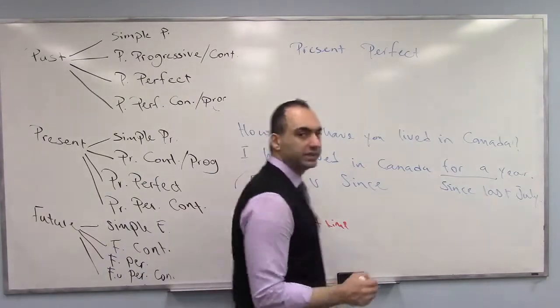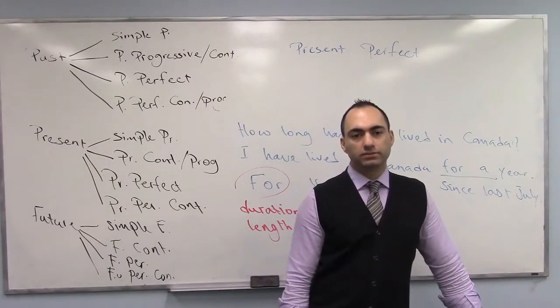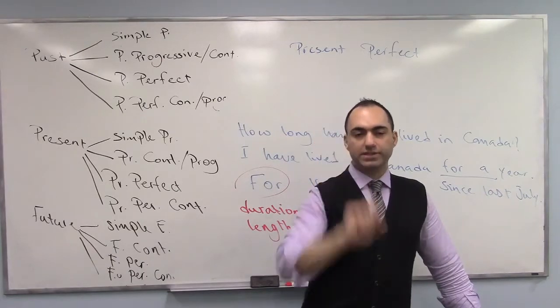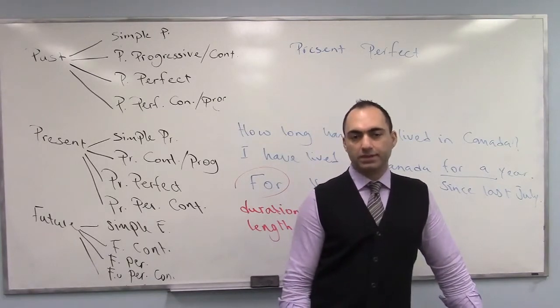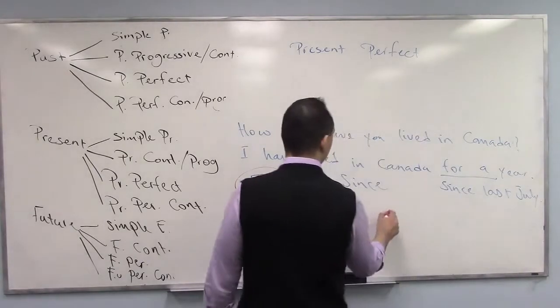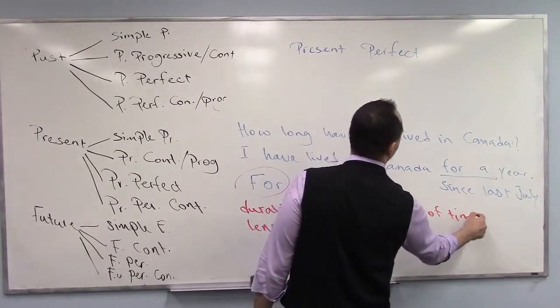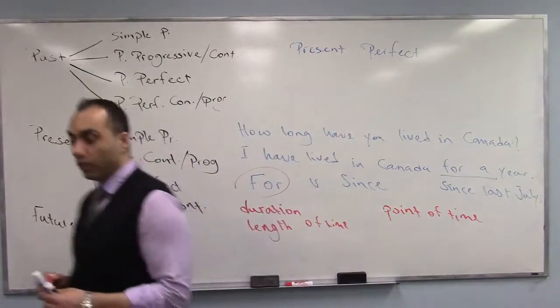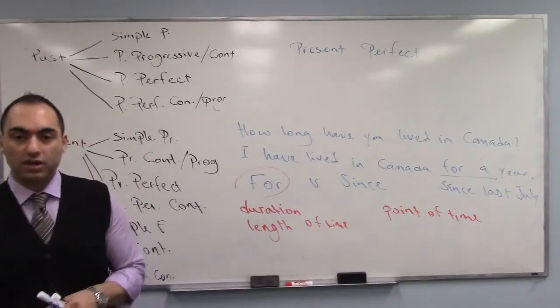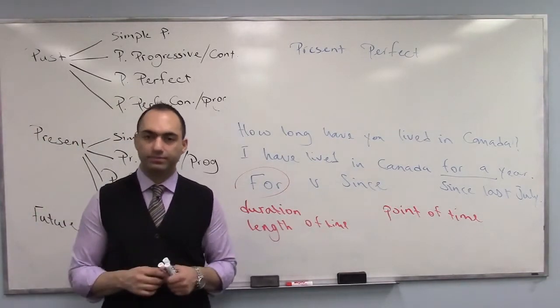Since yesterday, since last week, since 2 years ago, since 1996, since last June, point of time, right? Point of time. So for is for duration, whereas since is point of time.